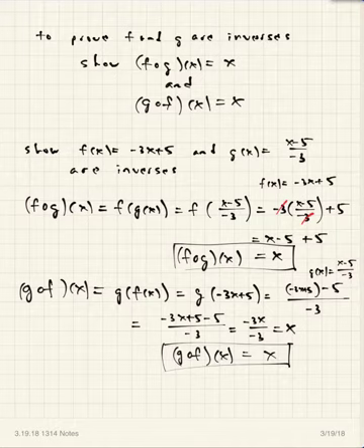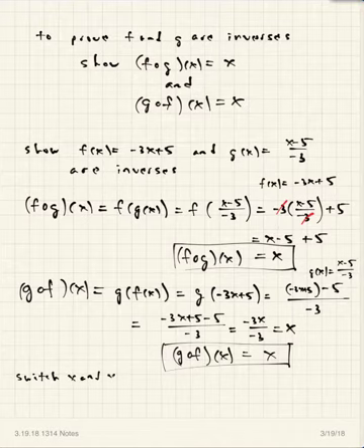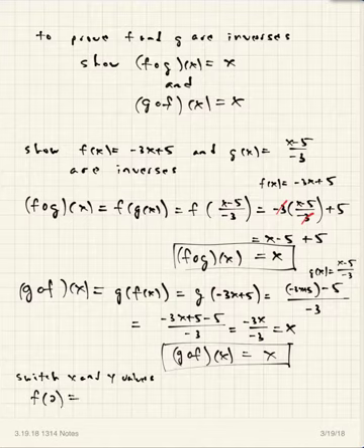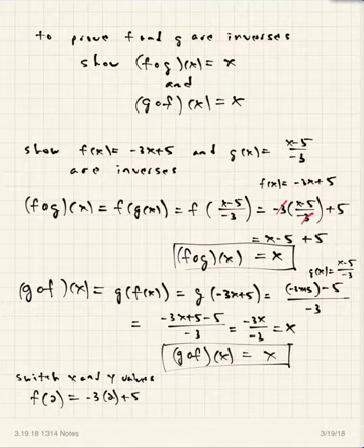What does that mean? One thing this means is that they switch x and y values. So for example, and I'm just picking something out of thin air here, if I look at f of 2 in this function, well, f of 2 would be negative 3 times 2 plus 5, because f of x is negative 3x plus 5.